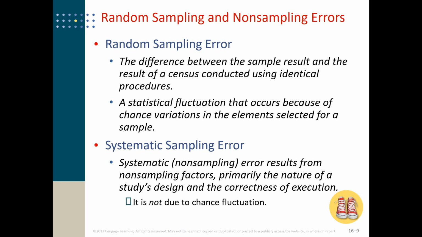For example, you may have some error related to non-response bias. You may incur some error in the sampling frame. There may be some error associated with tabulation, some error associated with interviewer skills. These errors are combinedly called systematic sampling error.